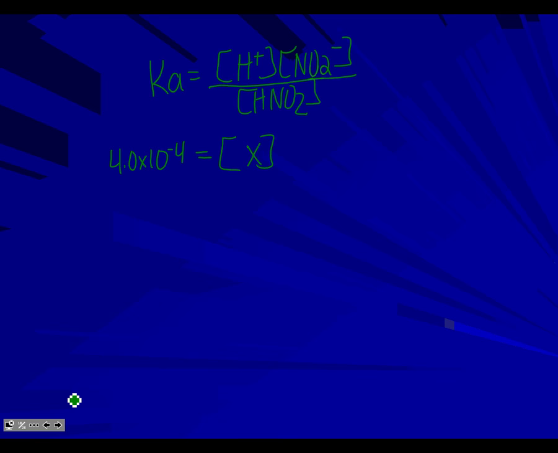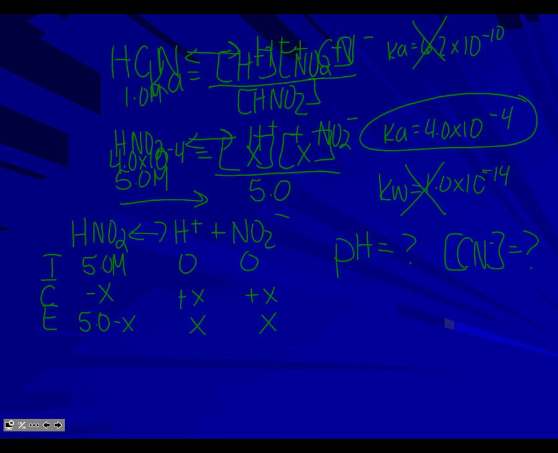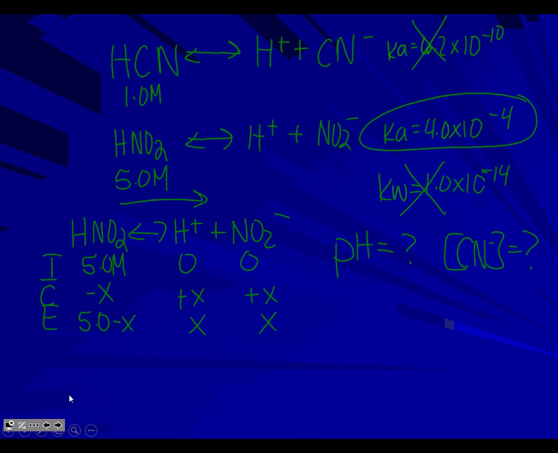We had X for both our products. And this time we did have a different concentration for our nitrous acid. It was 5. Now remember, let's go back just 1 second. Remember, because this is a small K problem, we're going to be able to ignore the change in the reactants.